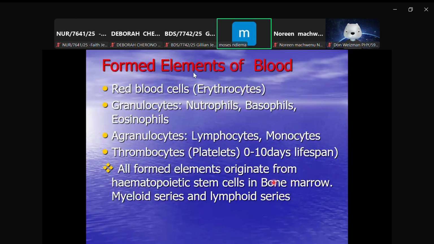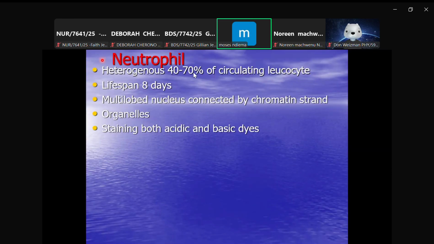Normally, we have what we call burst-forming cells. These burst-forming cells then form colony-forming cells when they multiply and differentiate. Those colony-forming cells now specify within the myeloid series or the lymphoid series.